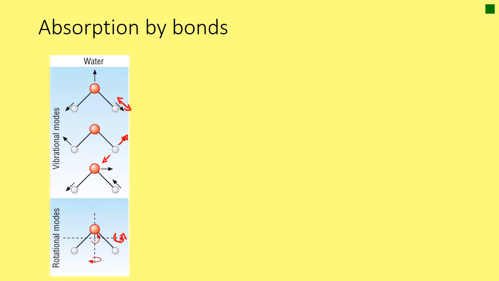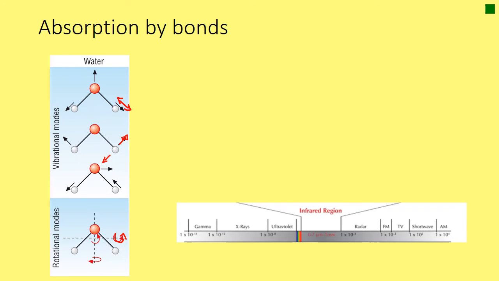And the particular frequency of energy that is needed to rotate most covalent bonds lies in the infrared part of the electromagnetic spectrum. So here's an electromagnetic spectrum, just as a little reminder, and we've got the low energy waves at the right hand side here, and gradually as you go from right to left you're going to get higher energy.